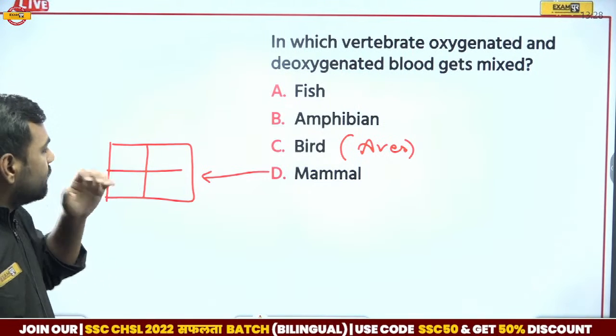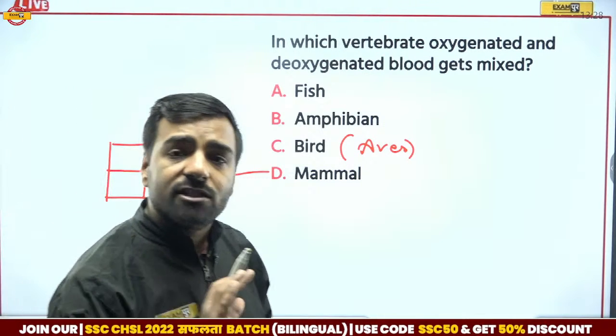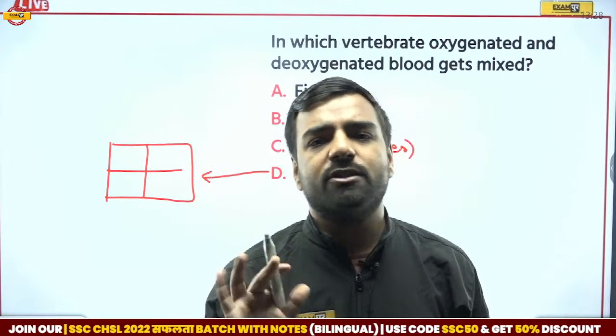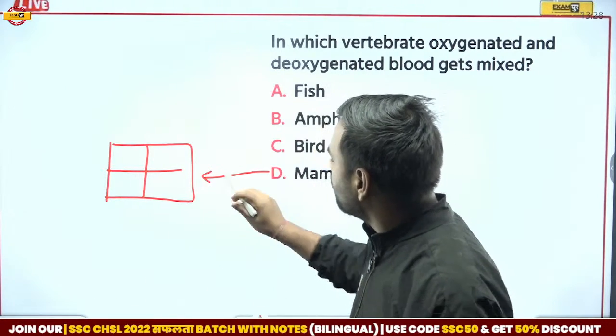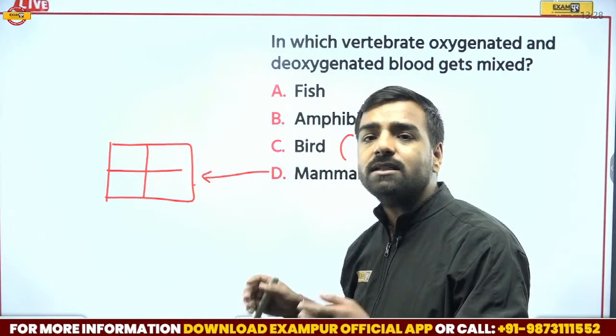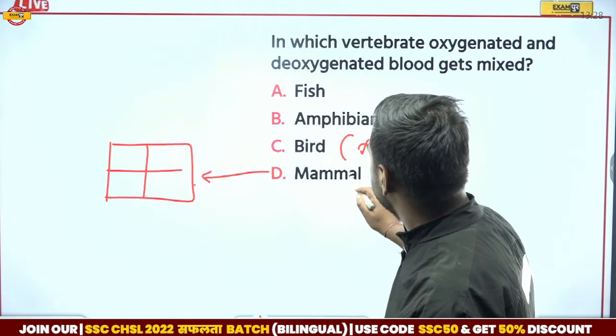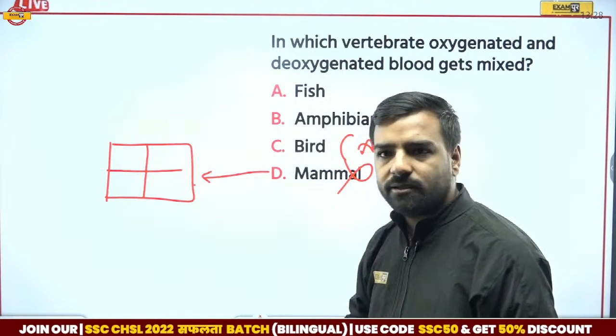Simple. Now we have a proper procedure in which blood gets circulated and there is no such mixing of oxygenated and deoxygenated blood. And if we are talking about ourselves, this means we, dogs, monkeys, whatever comes in the mammal category, will be the same. And hence, mammal cannot be the correct answer.